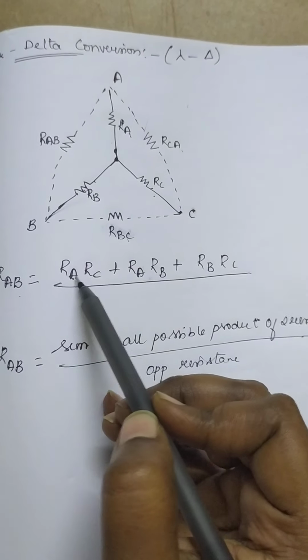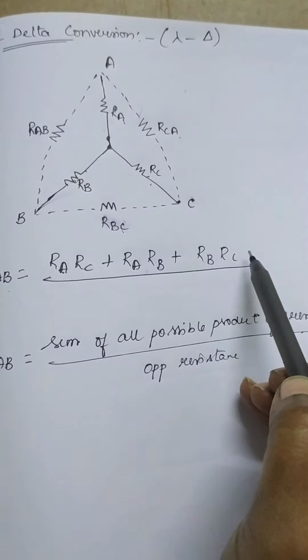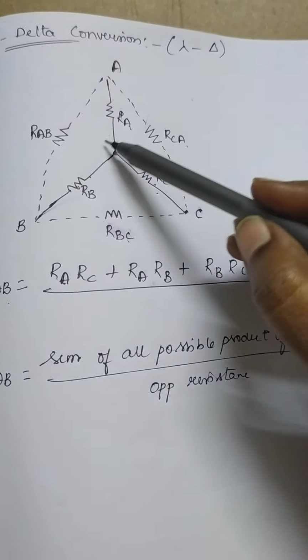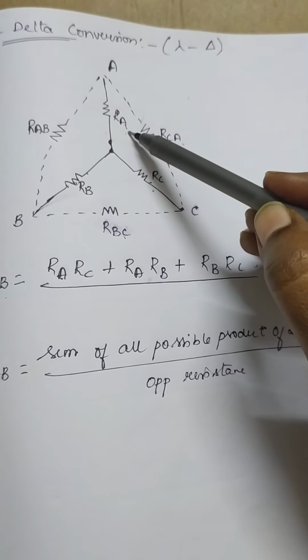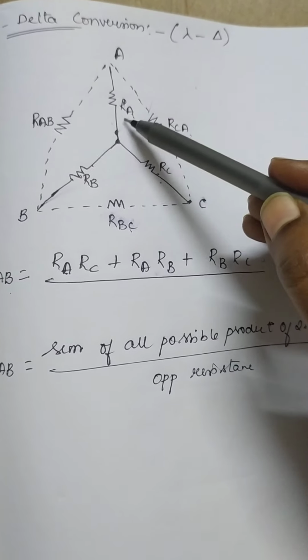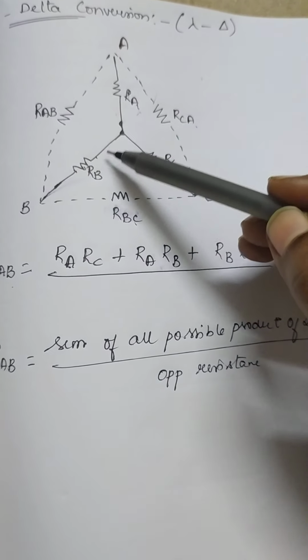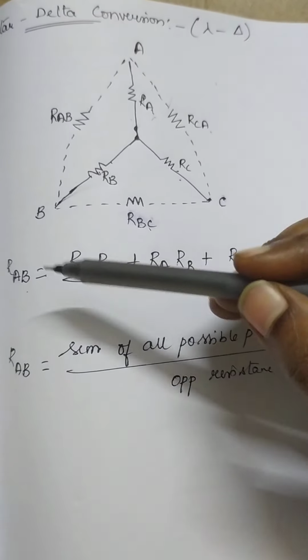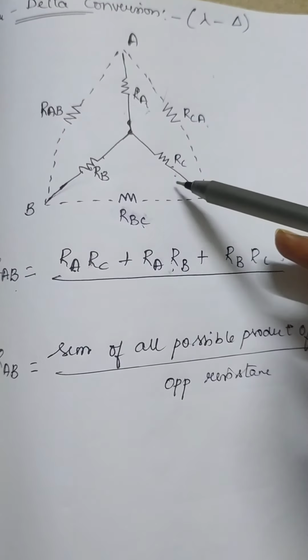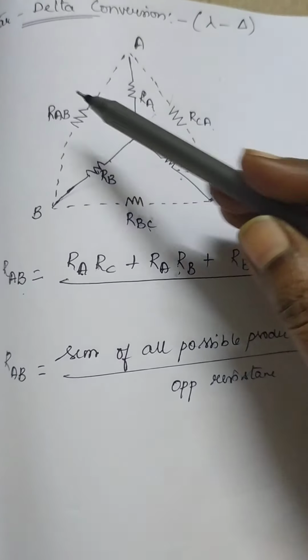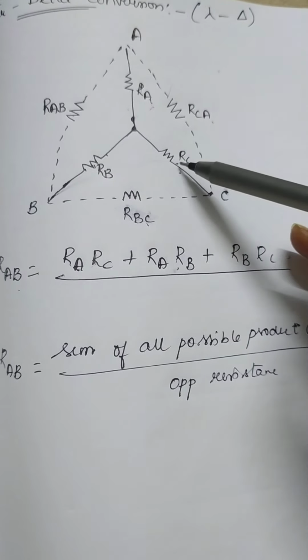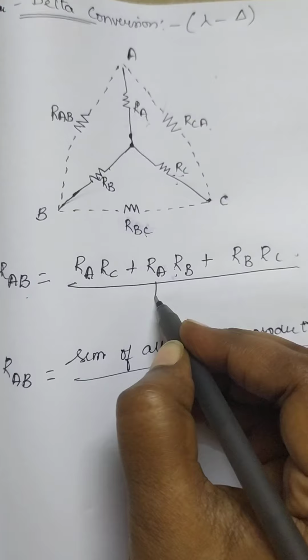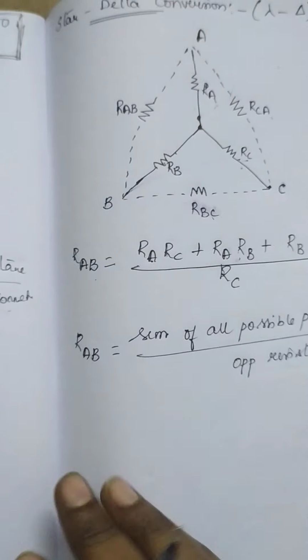This is the sum of all the possible products of two resistances: RA RB, RB RC, RC RA, divided by the opposite resistance. The opposite resistance of RAB is RC. We need to write the opposite resistance RC.